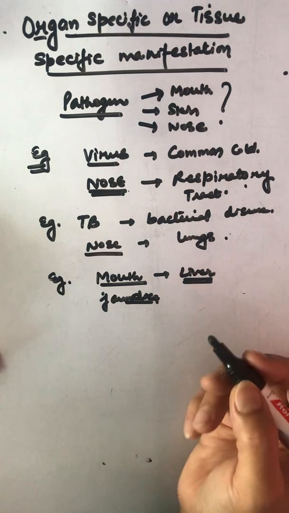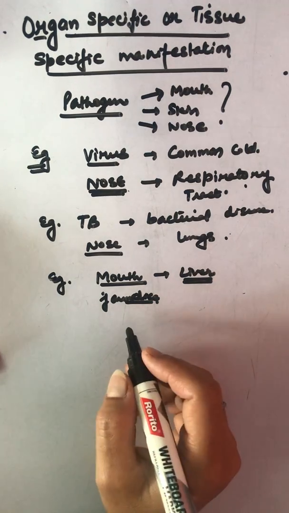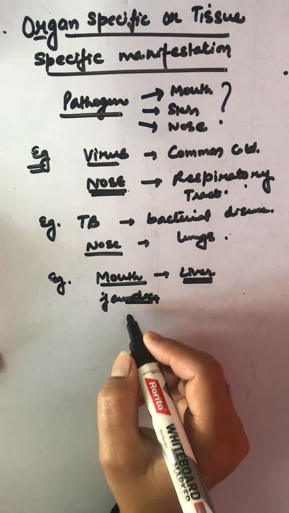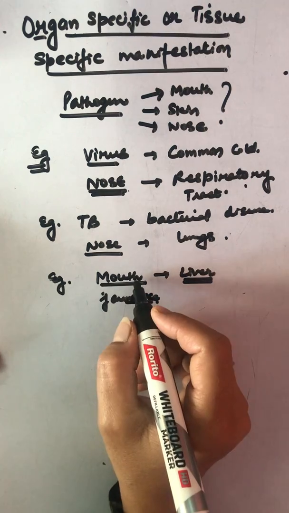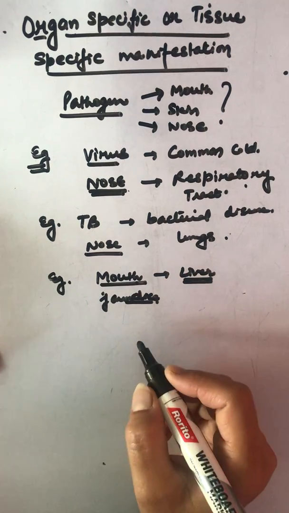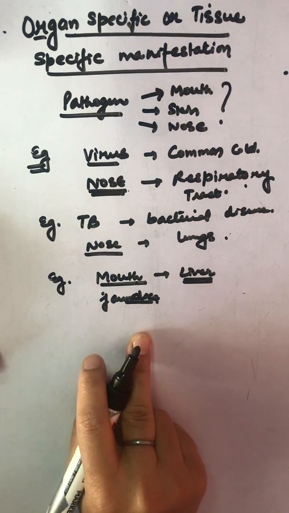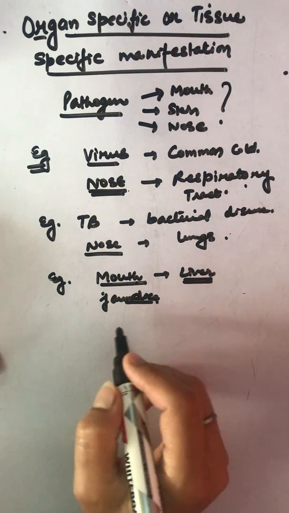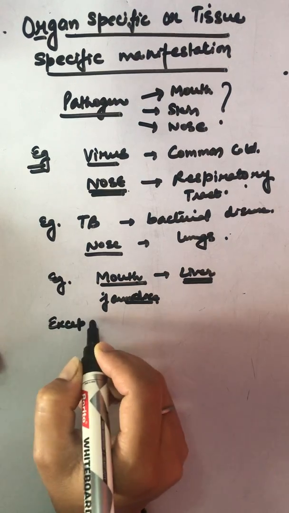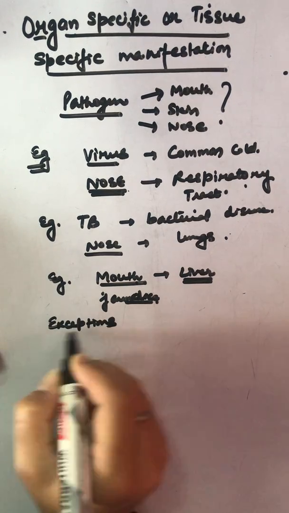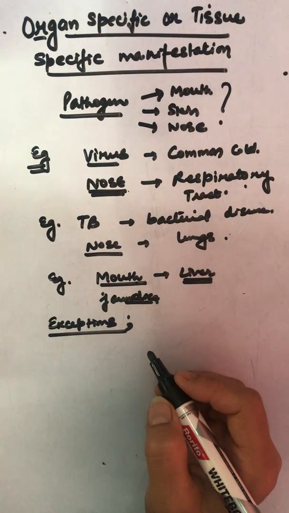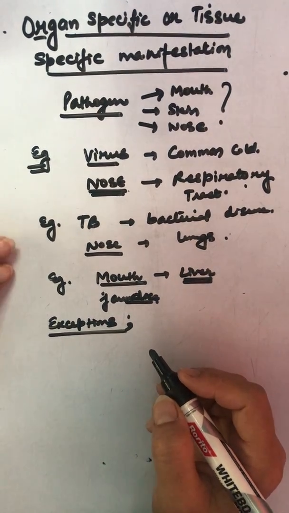So sometimes, or the organ of the digestive system, like when the bacteria enters the body, in case of typhoid, it enters through mouth, then it may infect our digestive system as well. However, it is not always necessary that it will affect like this only, because there are certain exceptions where the point of entry does not exactly cause the disease where it has reached.